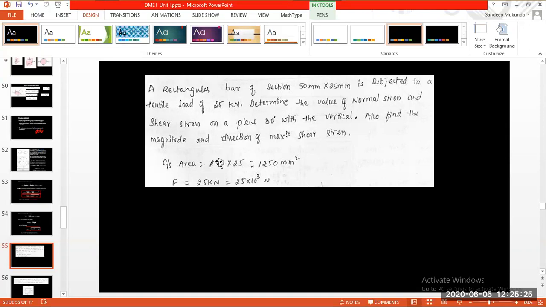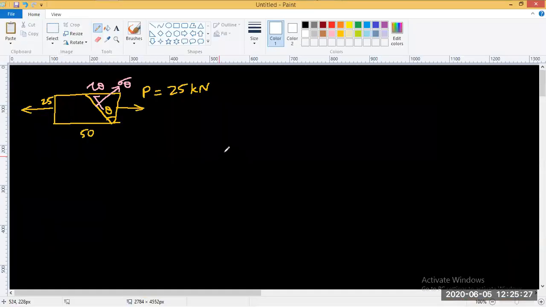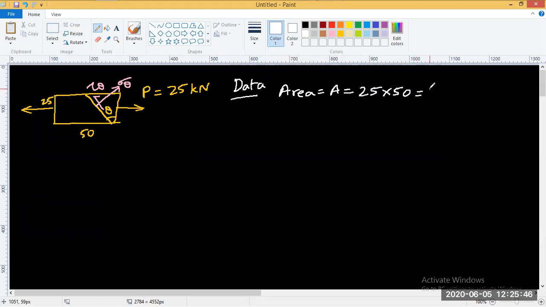The cross-sectional area we can find easily. Let's write down the data. The area A is 25 times 50, which comes to 1250 mm squared.